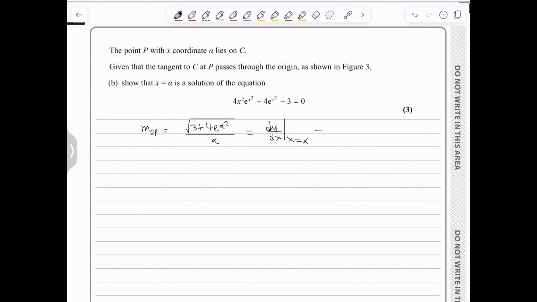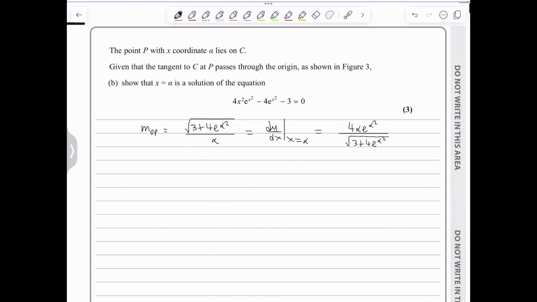So we will evaluate the expression we obtained in part A, substituting x is alpha. This is giving us 4 alpha e to the alpha squared over the square root of 3 plus 4e to the alpha squared. And then if I equate this part with this part, the first obvious step is to cross multiply.